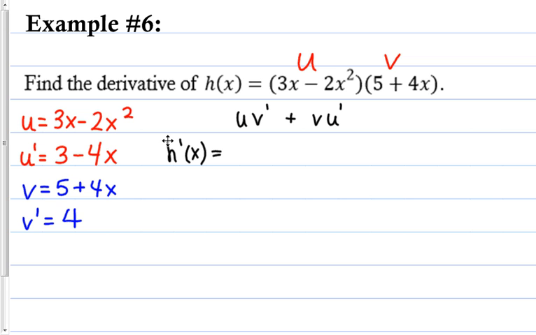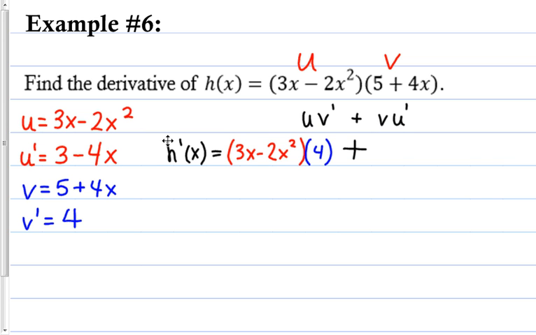So u, 3x minus 2x squared, times v prime, which is 4, plus v, which is 5 plus 4x, times u prime, which is 3 minus 4x. And this, ladies and gentlemen, is my derivative.